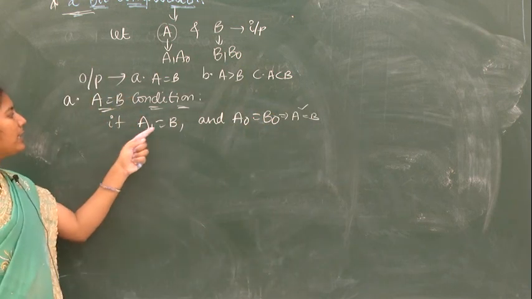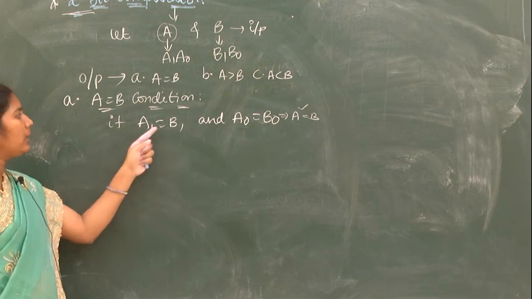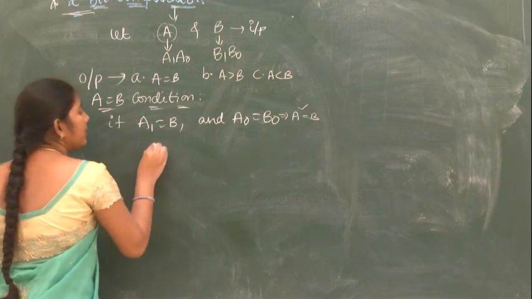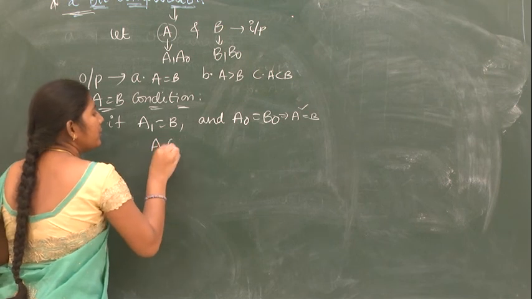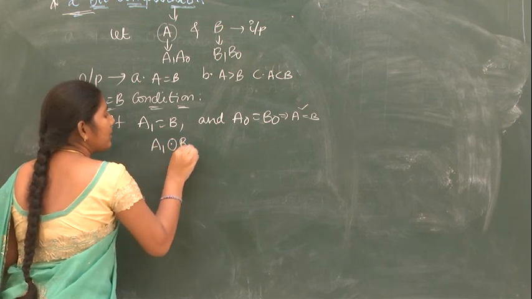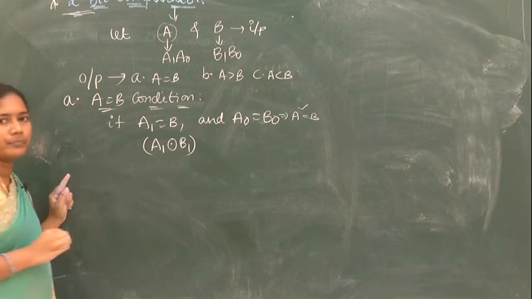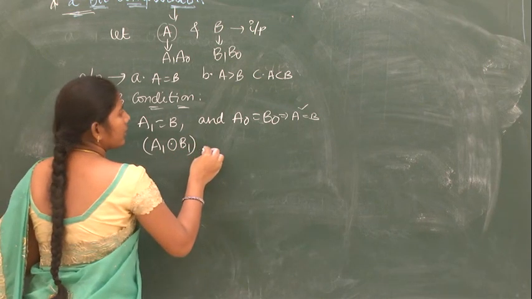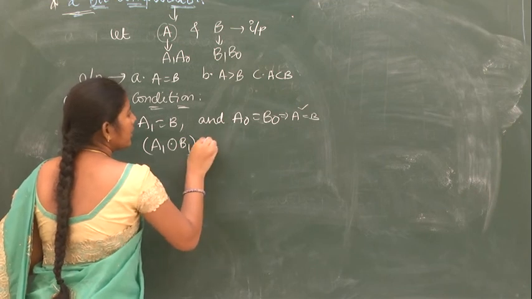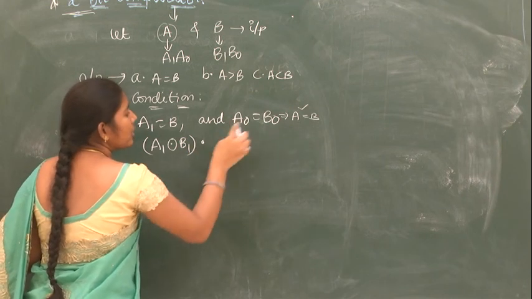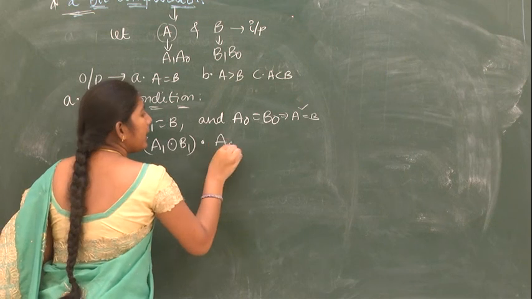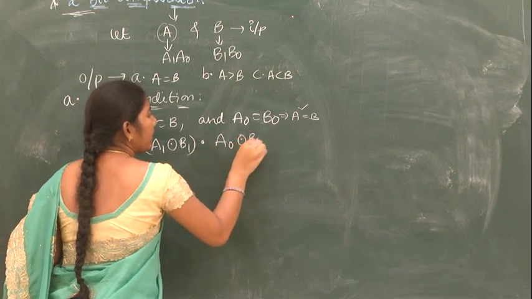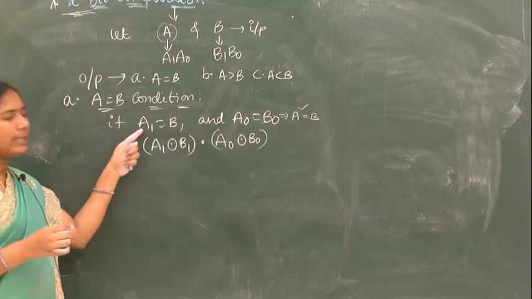So as we know the equality function, when A1 equal to B1, you will get a function of A1 exclusive NOR with B1. Similarly, for this also we will get A0 exclusive NOR with B0. I'll tell you how it is.